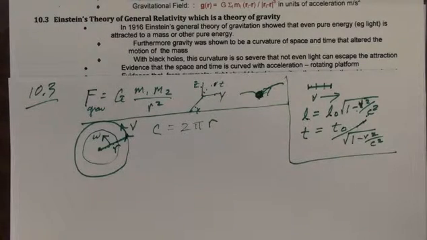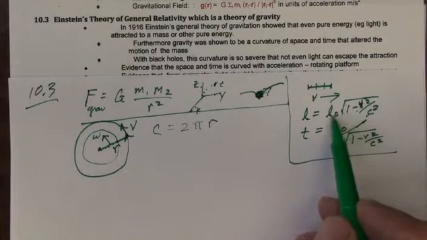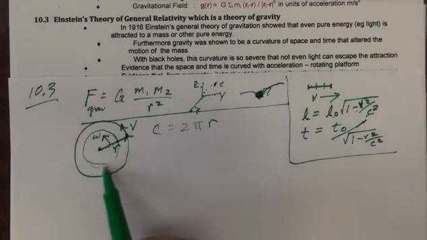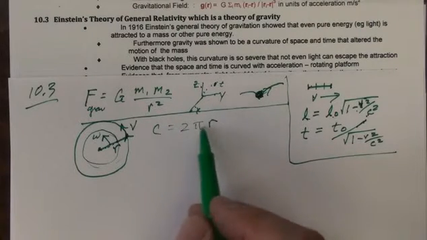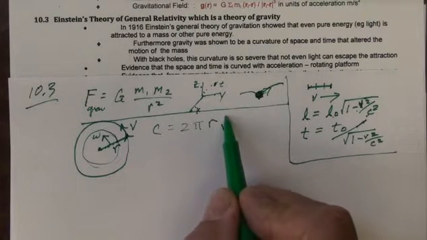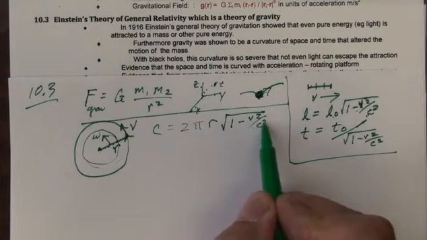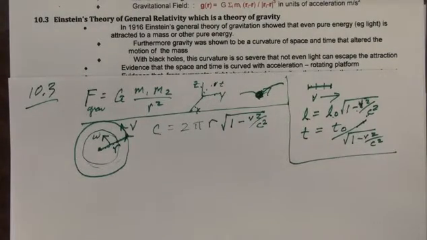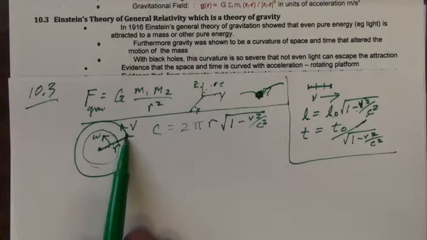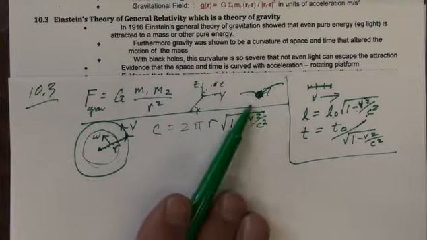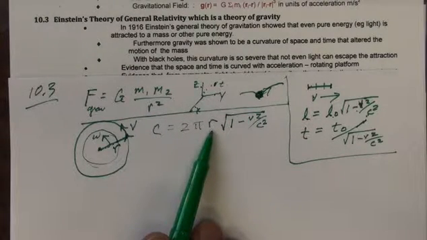Well, that's true, but if we start moving at a velocity v, then we have this contraction of the length, the circumference, in the direction of motion. That means the circumference is multiplied by the square root of 1 minus v squared over c squared. Now, at ordinary speeds, until we get to a position on this that's moving almost at the speed of light, this is negligible. So we can still say the circumference is 2 pi r.